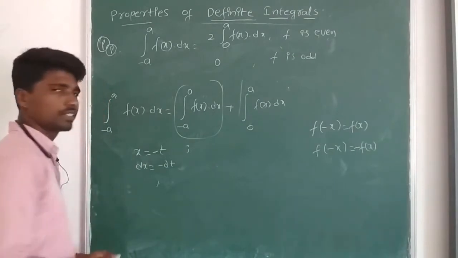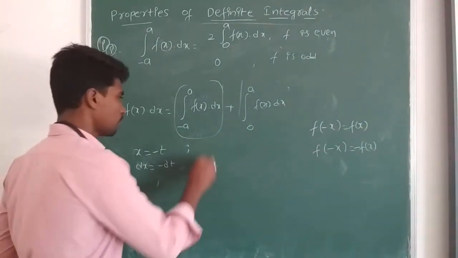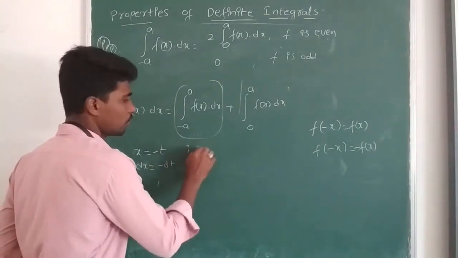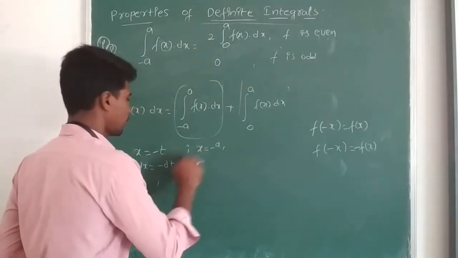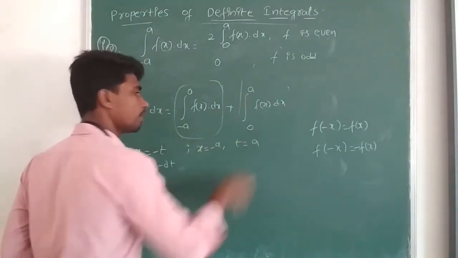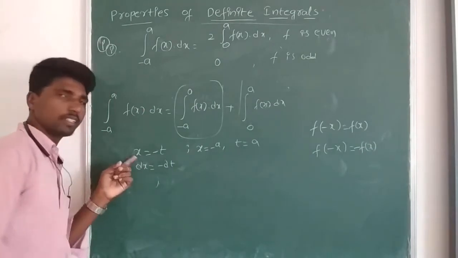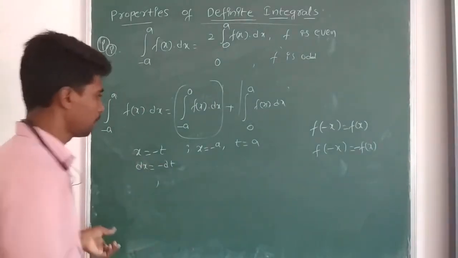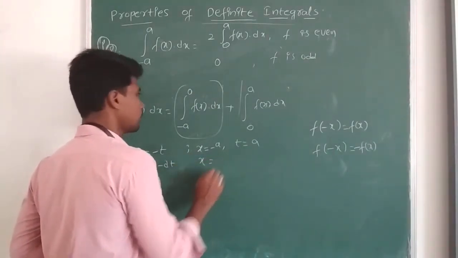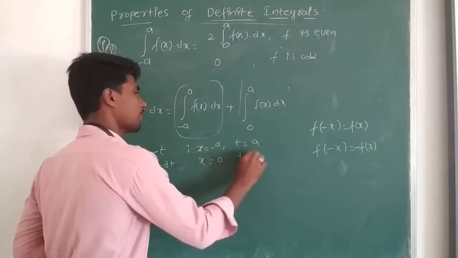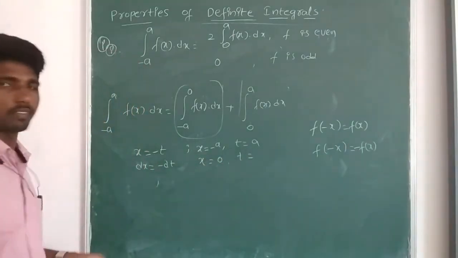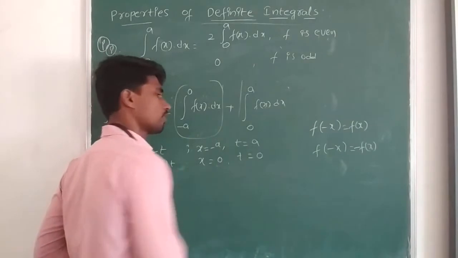Now apply the limits. If x is equal to minus a, the value of t will be equal to a. And if x is equal to 0, the value of t will be equal to minus 0, nothing but 0. Right?